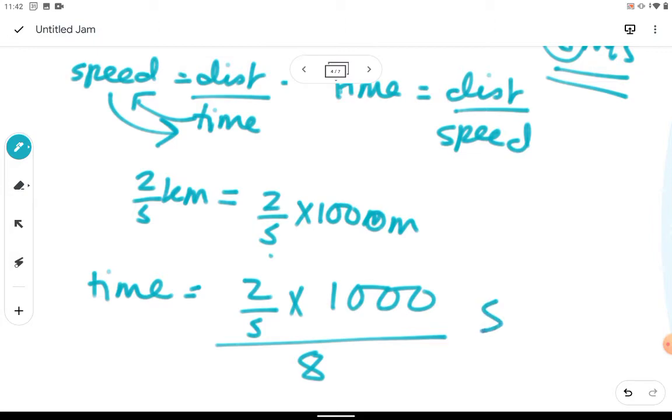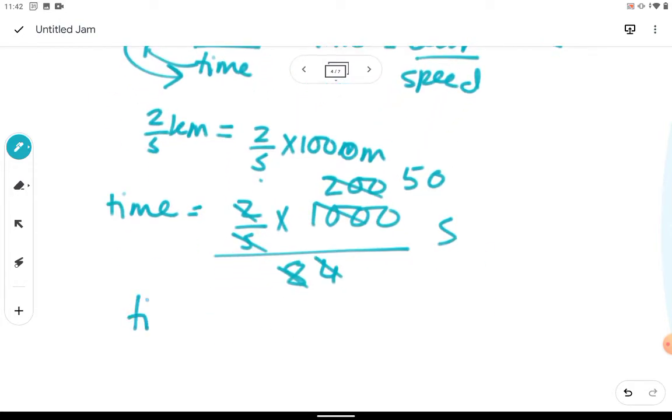Unit of time is second. So 5 into 200, 8, 4 and 4 and 200 gets cancelled, 50. So time is 50 seconds, right? Easy.